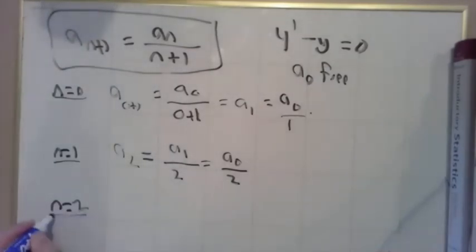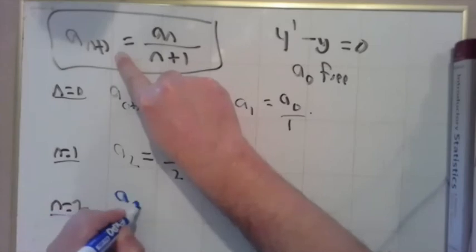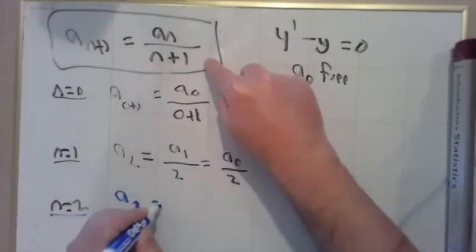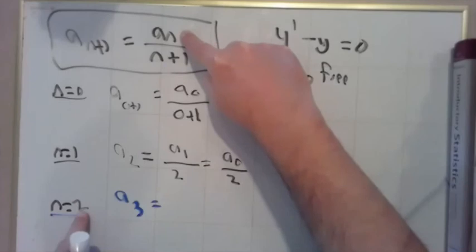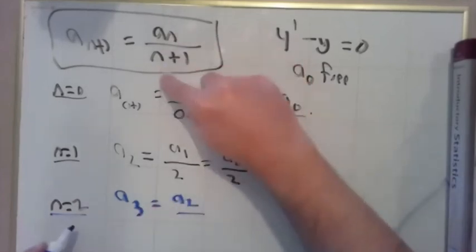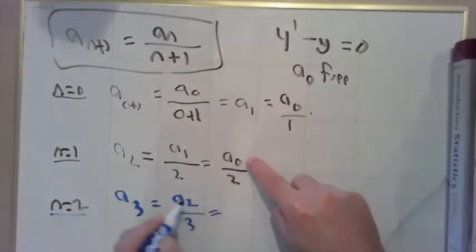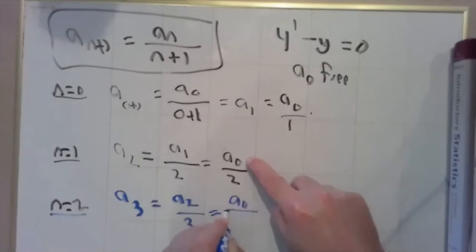Plug in n equals 2. So A3 would be, I'm plugging in n equals 2, A2 over 2 plus 1 is 3, but I know A2, that's A0 over 2, so that's A0 over 3 times 2.